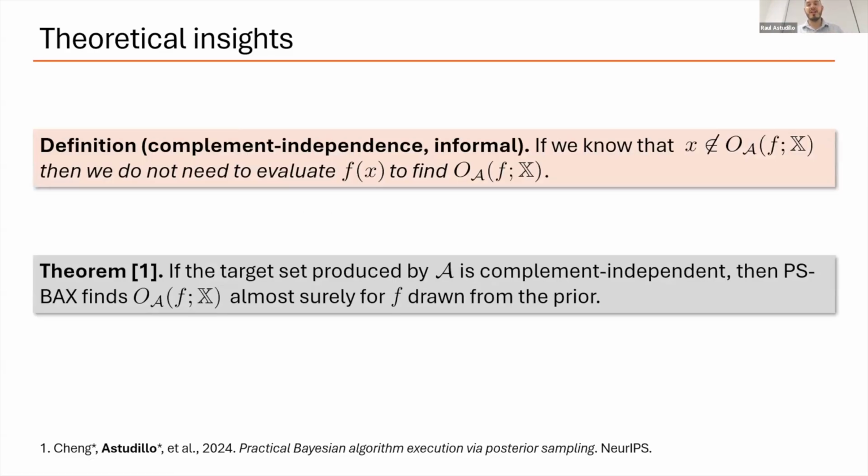The intuition is that if somehow you are told that one point is not in the target set, then the algorithm doesn't need to evaluate the function at this point to find the target set. That's the intuition, but there is a formal definition. What we show is that if this condition holds, then this algorithm actually finds the target set.